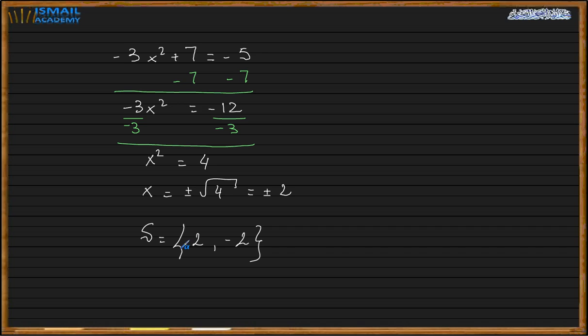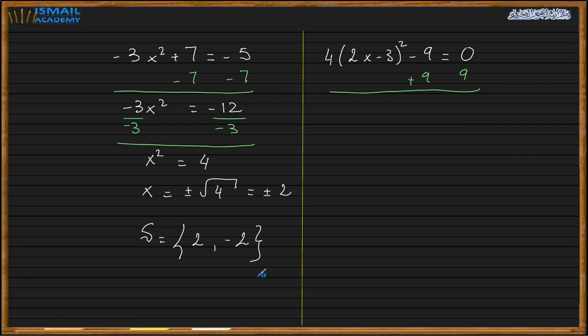So let me give you another example. Suppose I want to solve 4 times (2x minus 3) squared minus 9 equal 0. Again, what I do here, add 9 to both sides.